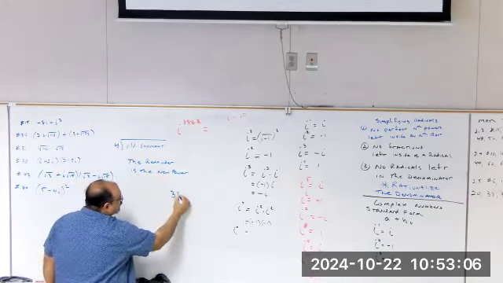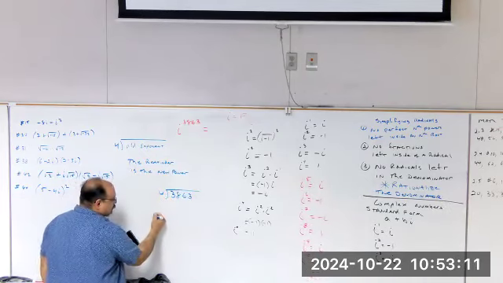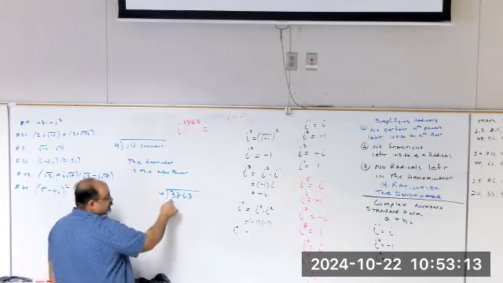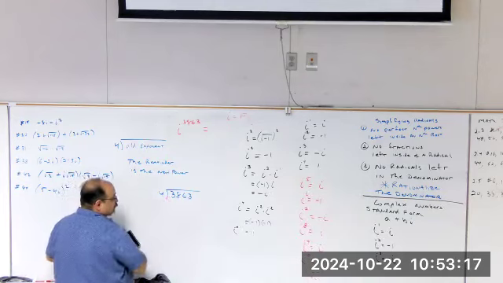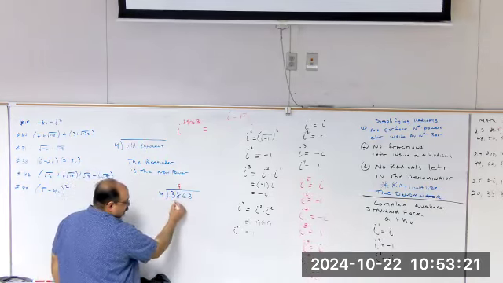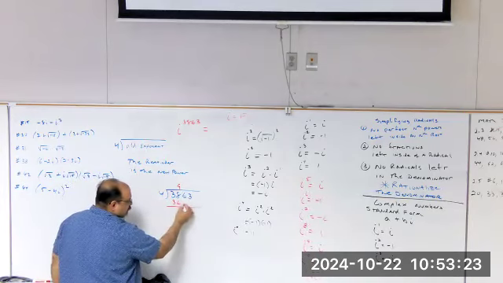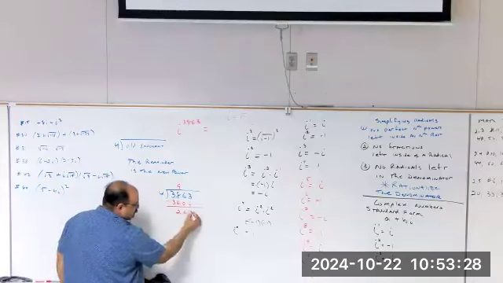So 3,863 divided by 4. Now 4 can't go into 3, so there's nothing in the thousands place. So we go over to the hundreds. 4 goes into 38 9 times. I get 36 hundred. We subtract. And we get 263.